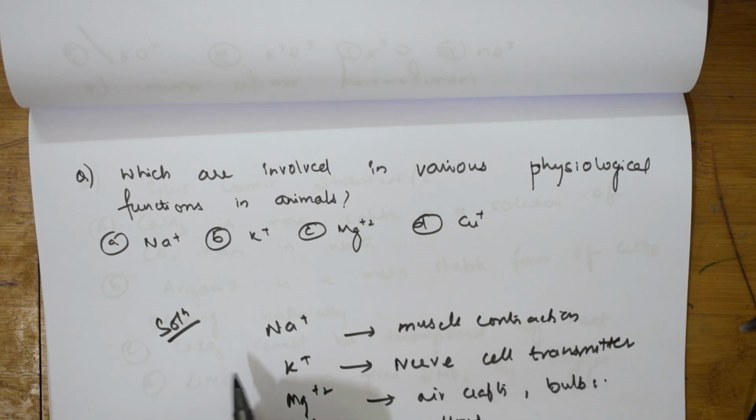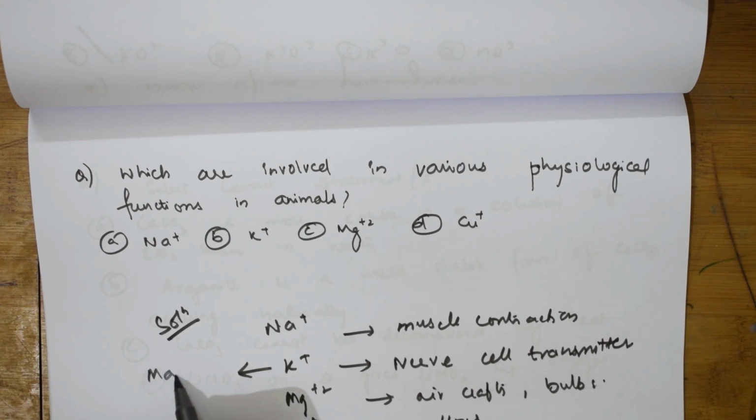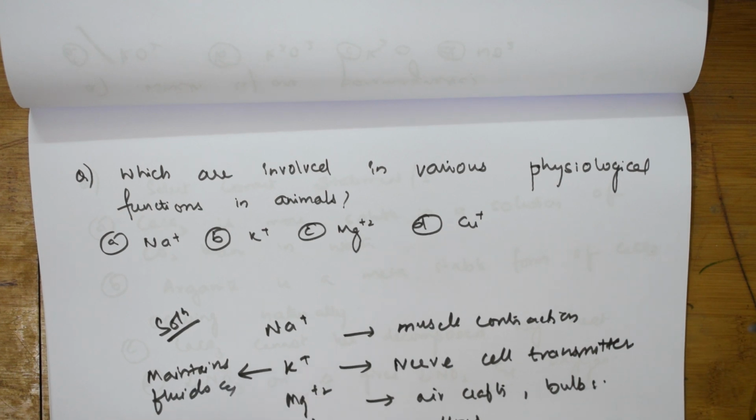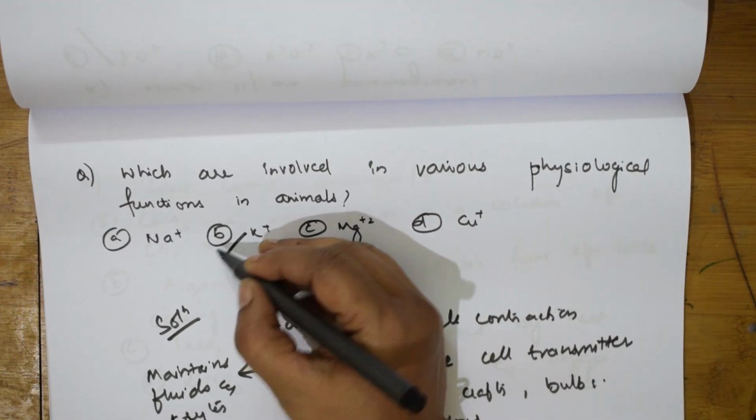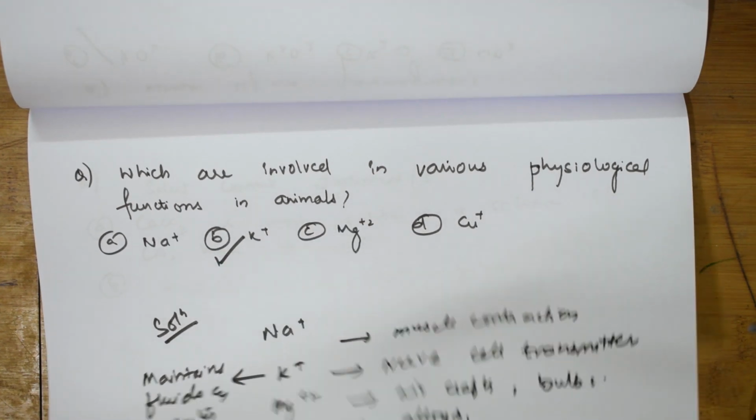And potassium, one more important thing I forgot to say, it is used to maintain fluids and balance the electrolytes in the body. So the correct option is potassium, which is used in the physiological function of animals.